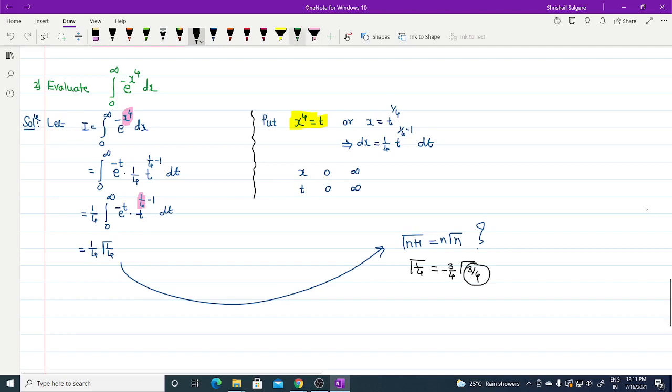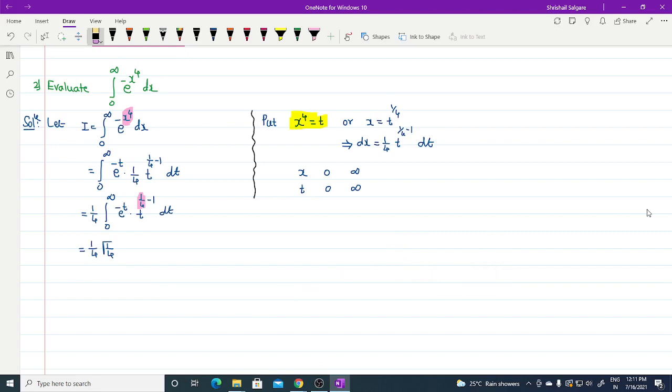If you are getting gamma of a negative number, then don't simplify that. So keep that answer in terms of gamma only. That's why this simplification is not possible. Thus the final answer is I is equal to 1 by 4 into gamma of 1 by 4, and you have to keep it as it is, with no simplification for that.